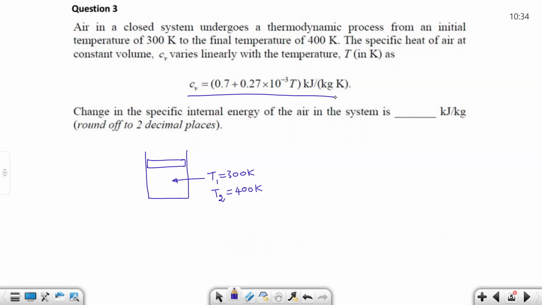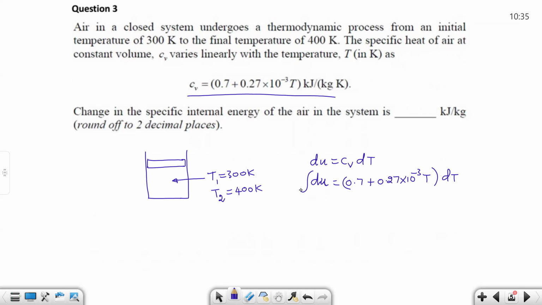So the change in internal energy. We know that for an ideal gas, and air is an ideal gas, the change in internal energy du equals Cv dT. So du equals Cv, which is given as 0.7 plus 0.27 into 10^-3 T, into dT.